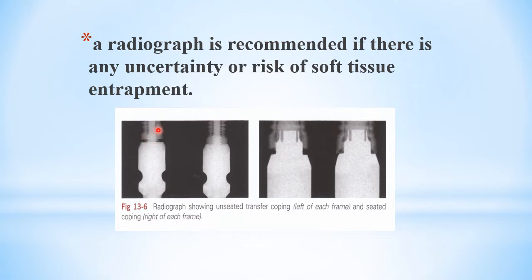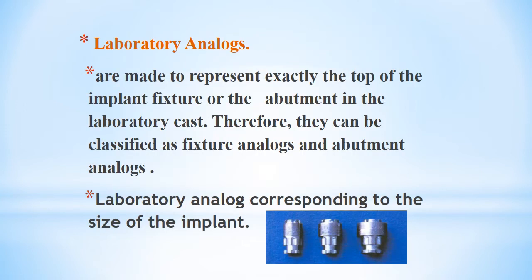We can see here there is a space between the impression coping and the implant, and this means that there is soft tissue interposition or it is not seated correctly, while here it is correctly seated and there is no space between the impression coping and the implant.